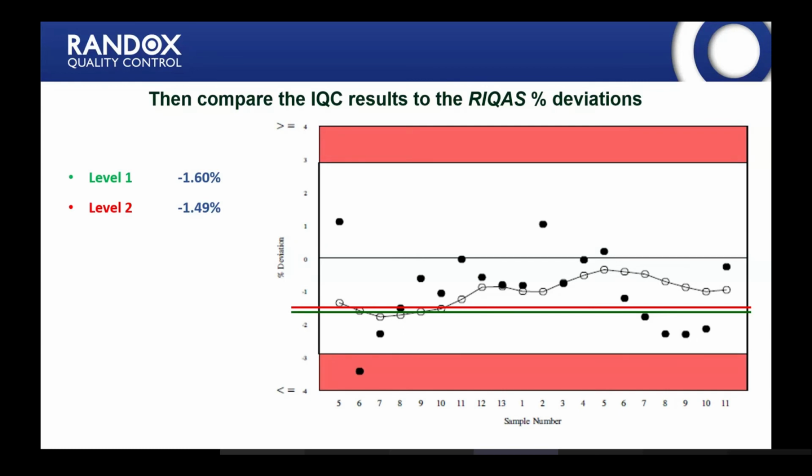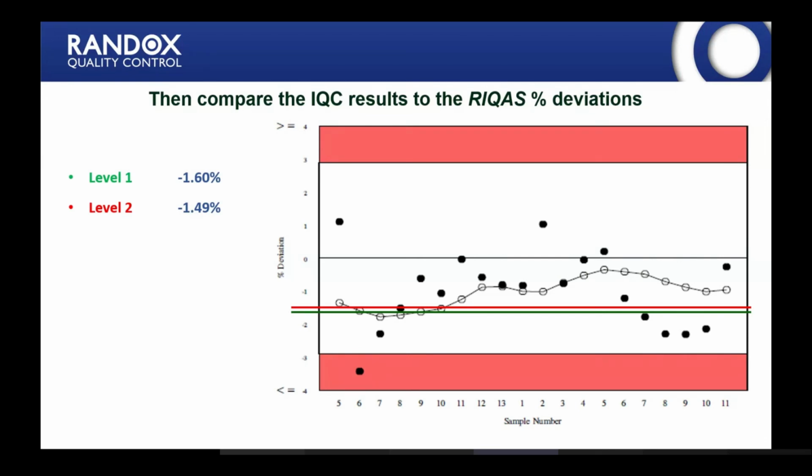So, okay, is this the case that you should have with your internal QC? And the answer to that is no, because your internal QC should be fluctuating around the target. And this is one of the problems that you have with using a target which is supplied by a manufacturer.